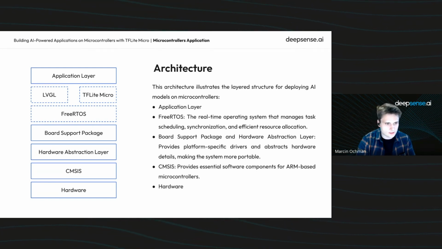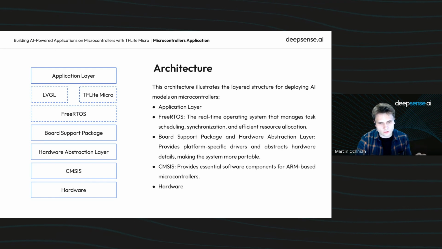HAL ensures that developers don't need to deal with low-level hardware details directly, while BSP provides drivers and configurations specially tailored for the dedicated board. So in our case, the STM32H747 Disco board.